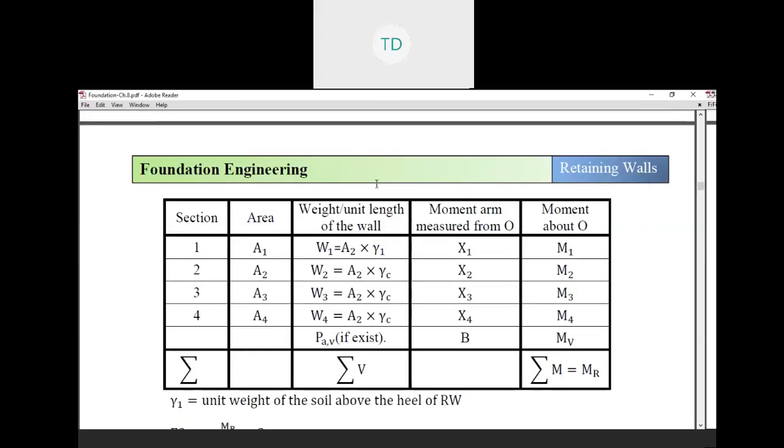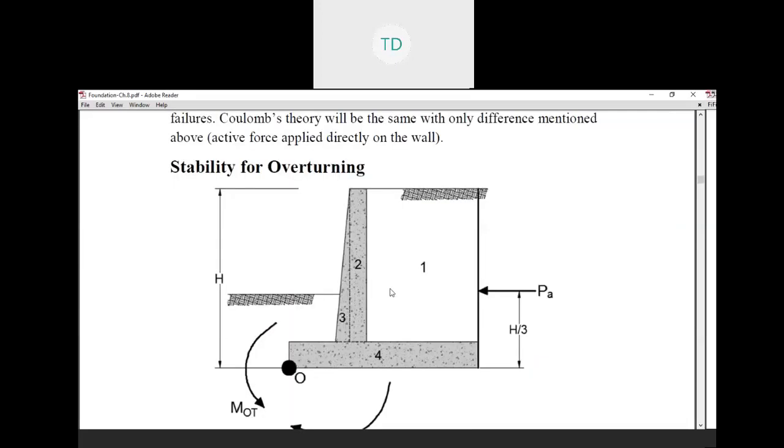In mechanics of solids, we know that moment is equal to load into perpendicular distance.